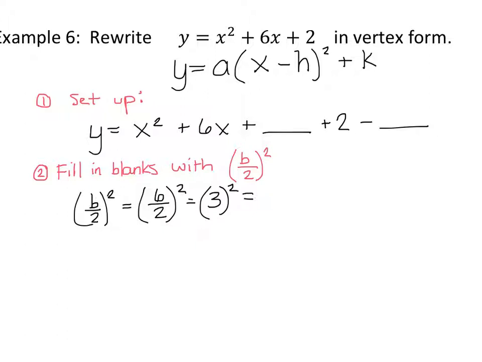Square that, you get 9. Okay, so now we're going to put that 9 in these two blanks. I'll rewrite it down below so we don't get confused as to what order we went in. So we'll write plus 9, plus 2, minus 9. Since we added and subtracted it, we haven't changed the value of the equation. We basically added 0 in, we just made it look how we wanted it to.